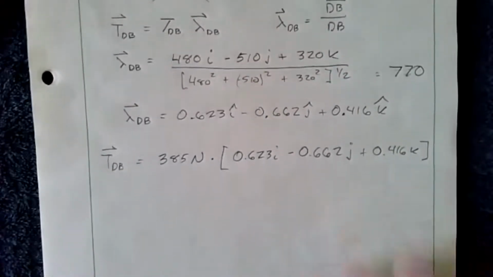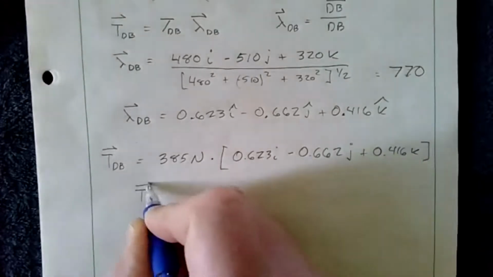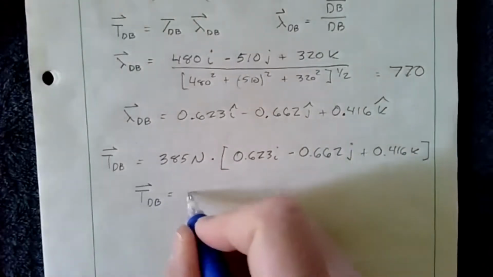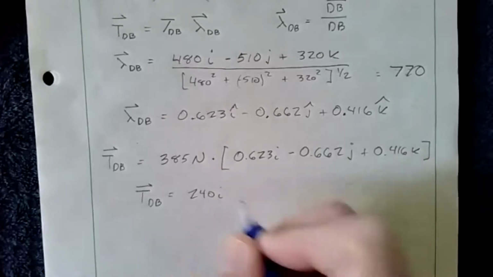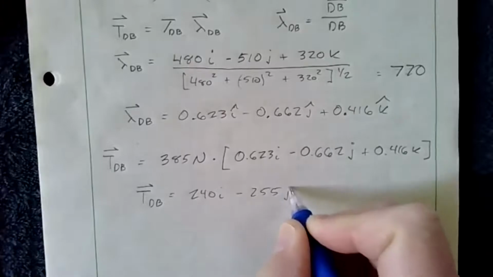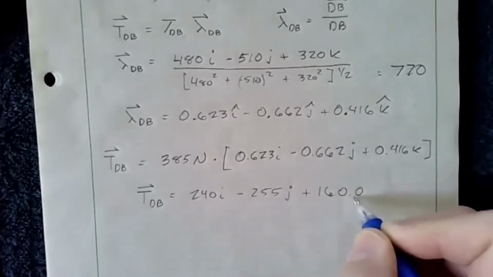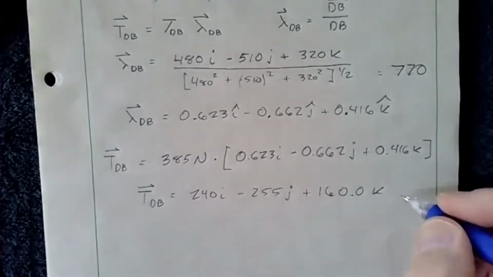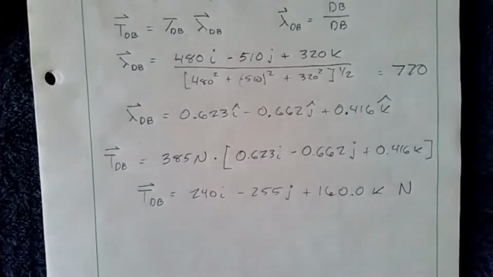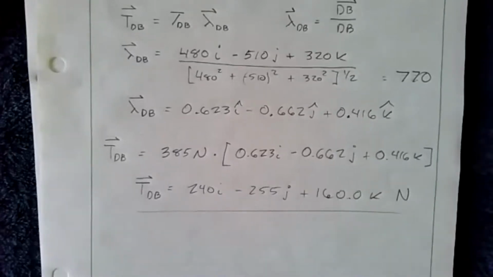And so if we simplify that, we get tension dB equals 240i minus 255j plus 160.0k. And that's in newtons. And that's our answer. And that's all we got to do.